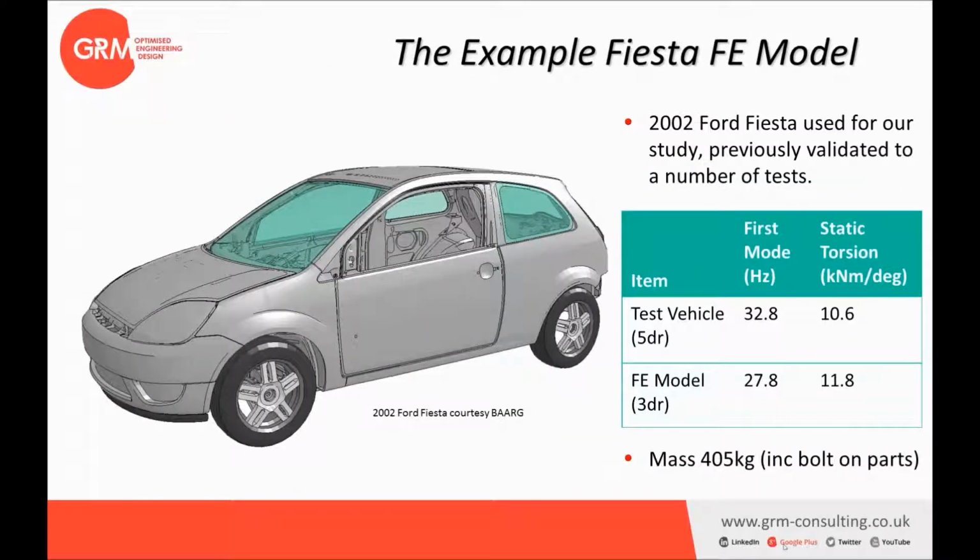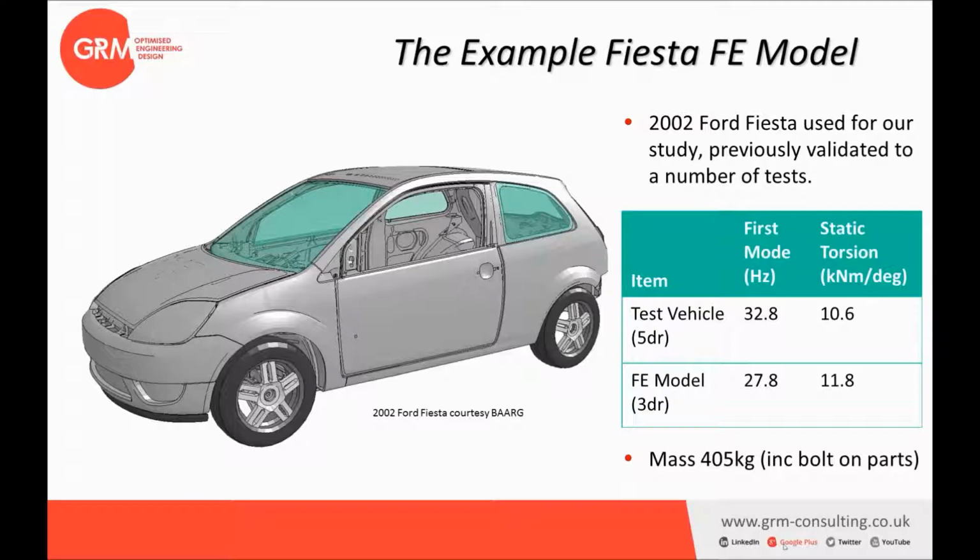To illustrate the capabilities of RDM, the best is to look at a project we did a couple of years ago on the Ford Fiesta. So we had the vehicle in the FE model, and we wanted to optimize two load cases. The first one was the first mode of frequency.